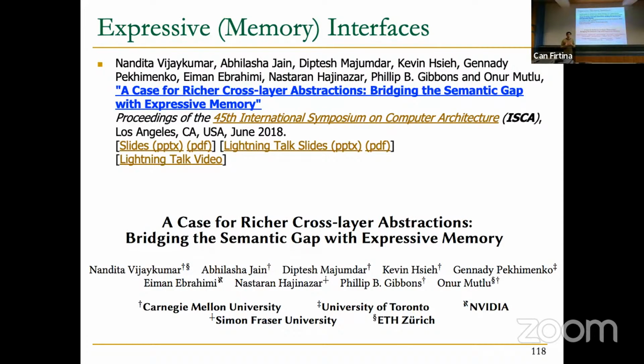If I know my workload well, I could provide the hardware with hints about what I want to prefetch, right? Depending on the specific needs of my application. So this idea of having the programmer using instructions to provide information to the hardware is what we call cross-layer abstractions.